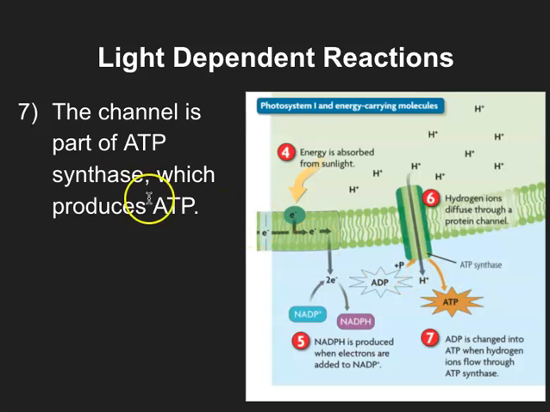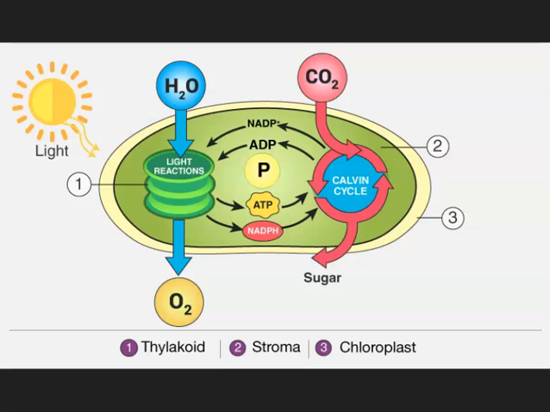So, at the end of our light-dependent reaction, we have 2 energy-carrying molecules that are produced. The first is NADPH, and the second is ATP. Oxygen is a byproduct of stripping our water molecule down in order to get those electrons that were used in the electron transport chain and to get those hydrogen ions that were used in the production of ATP and NADPH.